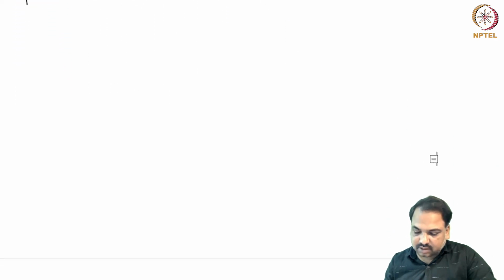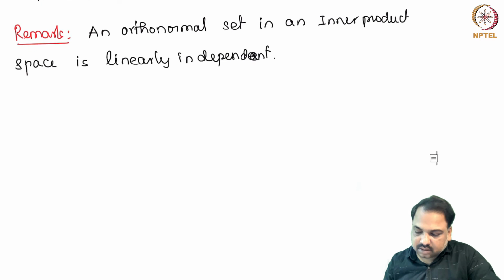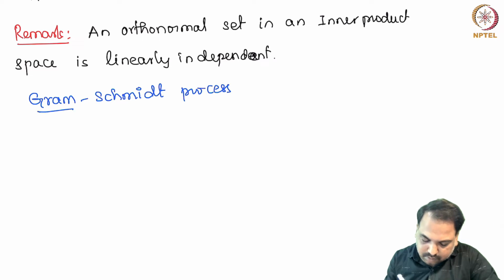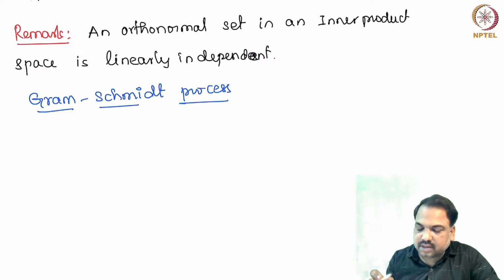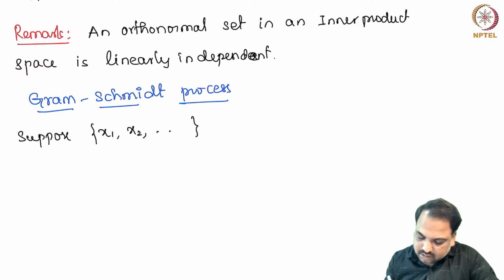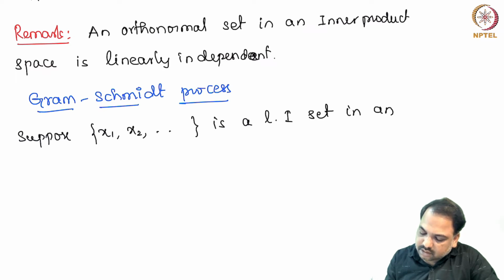So this process is known as the Gram-Schmidt process. It says that suppose x1, x2, and so on is a linearly independent set in an inner product space.